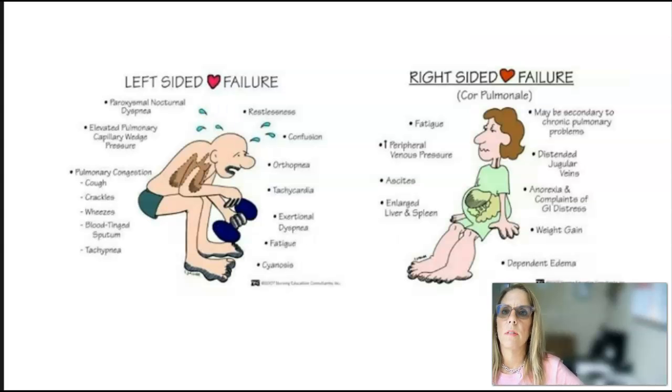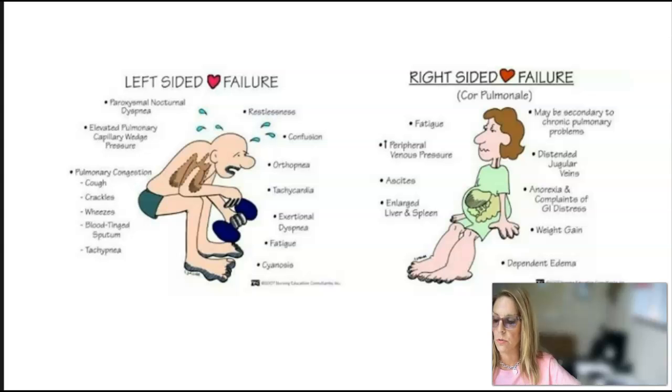This slide here is just a good comparison of what's going on with heart failure. What's your priority assessment? So you want to make sure that you have some of these items on your concept map. In addition to these, watch your vital signs.